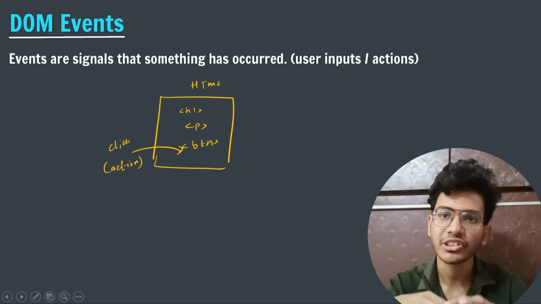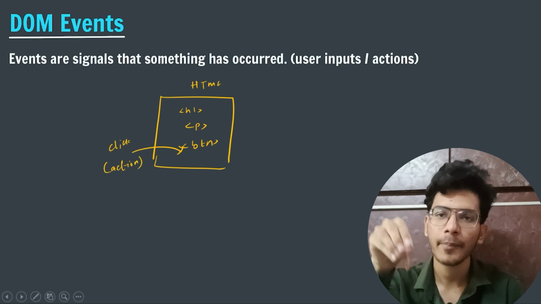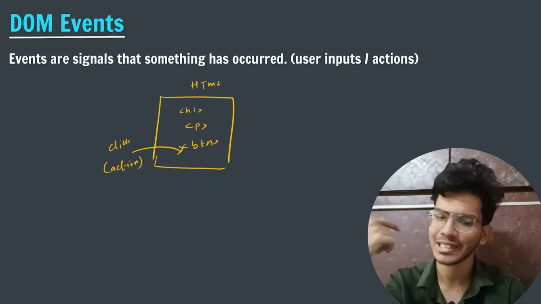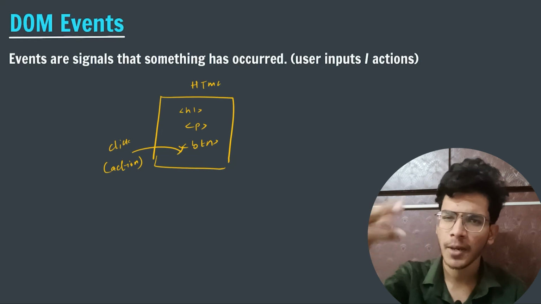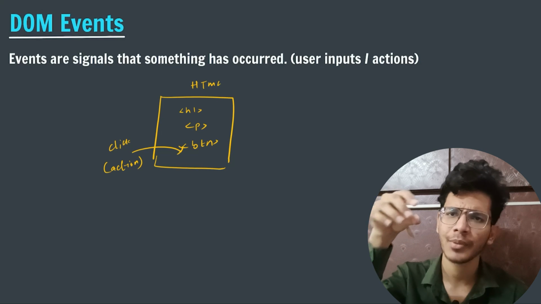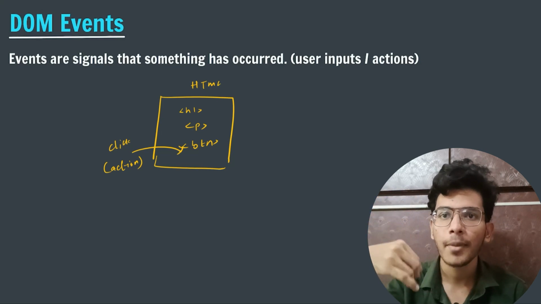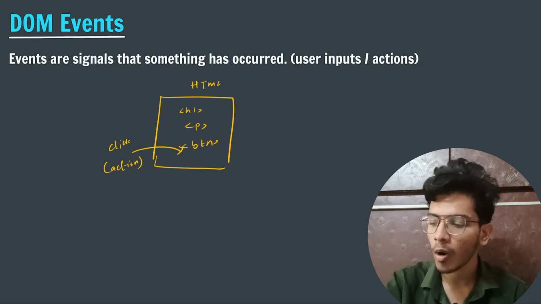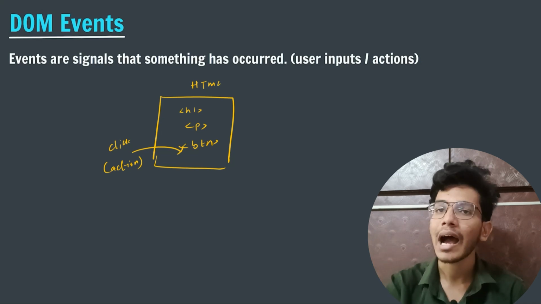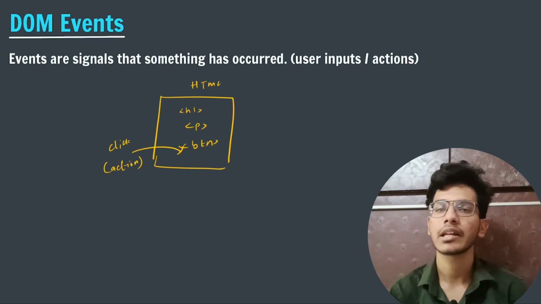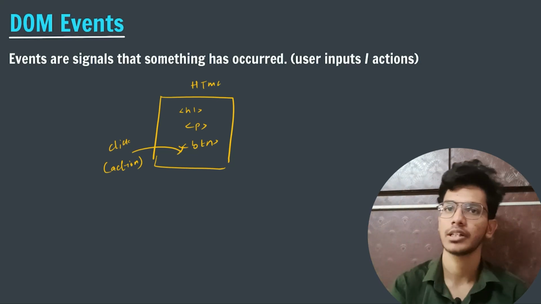Whenever I perform some action on my page, irrespective of the element, it can be a button element, a paragraph element, an h1 element, whatever the HTML tag might be, if I am performing some action on my HTML page, I want something in return, I want a trigger, I want to perform some action in return.